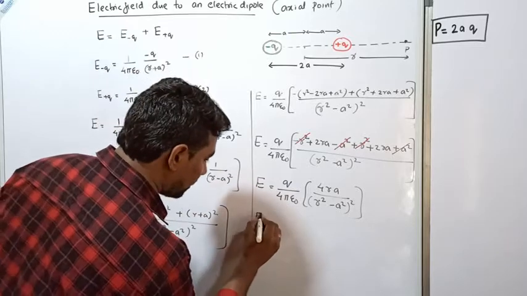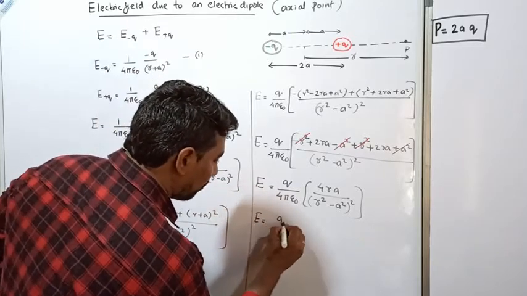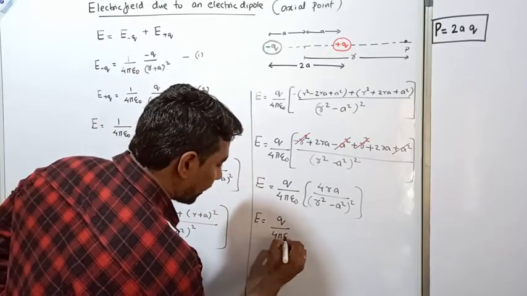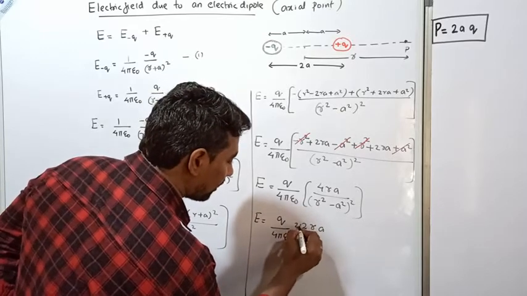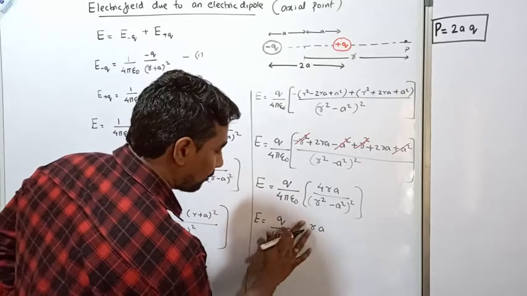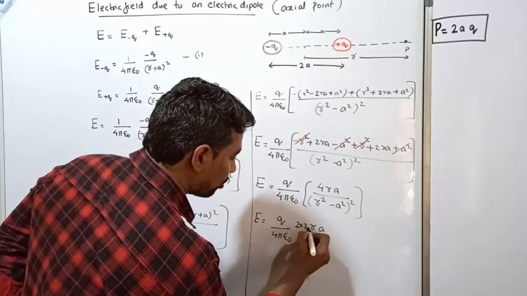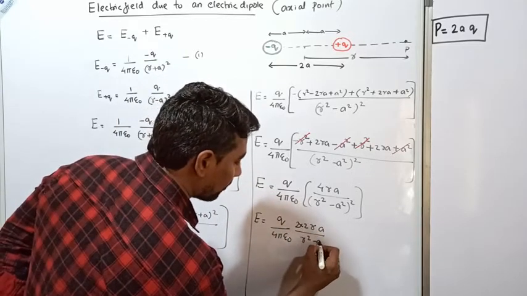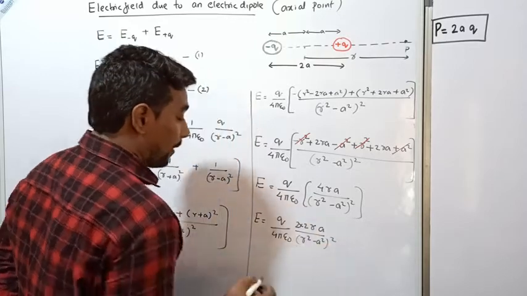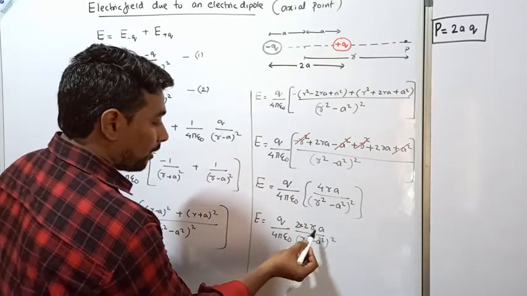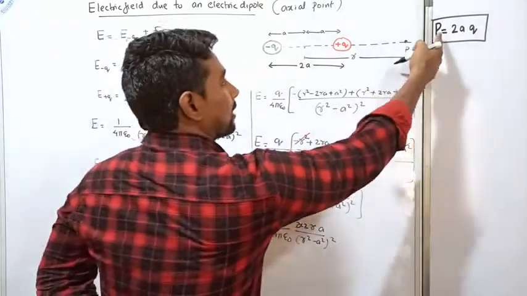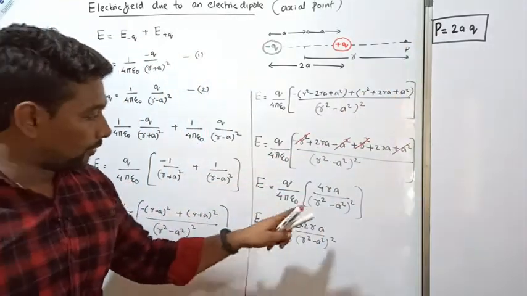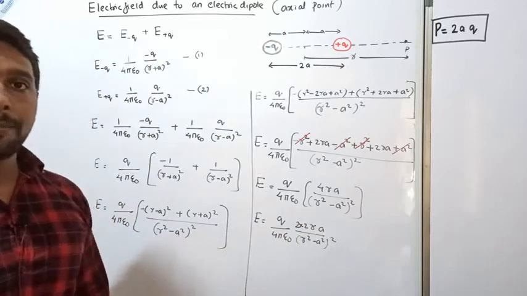That is equal to q by 4 pi epsilon 0 times 2ra, that is 2 times 2, divided by (r square minus a square) the whole square. Then look at this 2aq. Instead of this 2aq, you can write p.